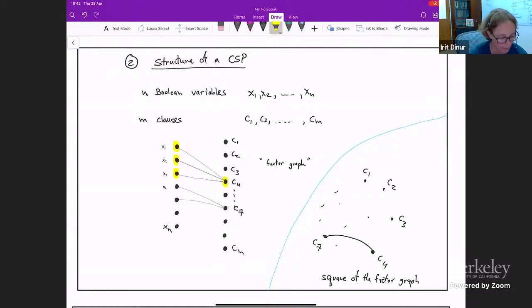This is what I drew here in the bottom corner, where you put a graph only on the clauses and you connect a clause to another clause by going one step and then another step. So you go from a clause to a variable and then back to a clause. And whenever you took this step, you connect these two clauses. So you see here that C4 and C7 are connected in my two-step graph.